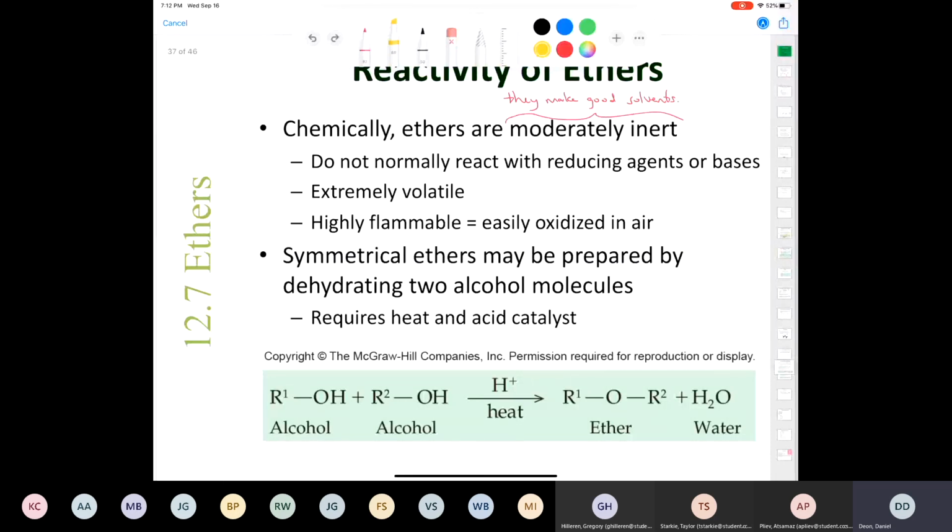They're extremely volatile. Does anybody know what volatile means in chemistry terms, or have an idea what it means?